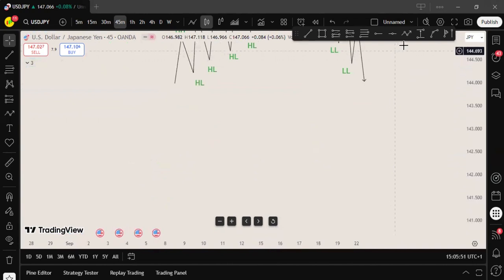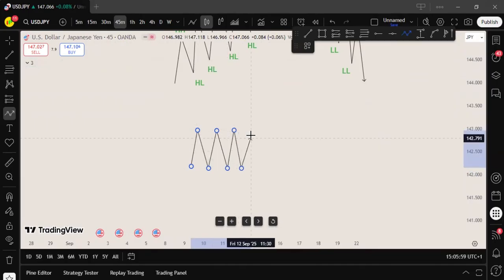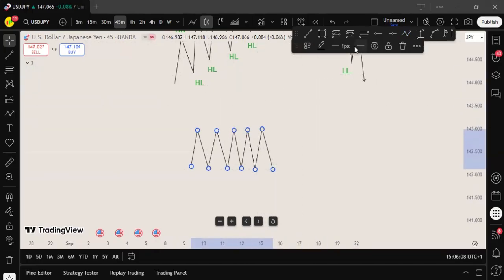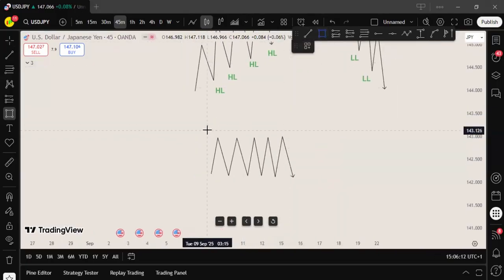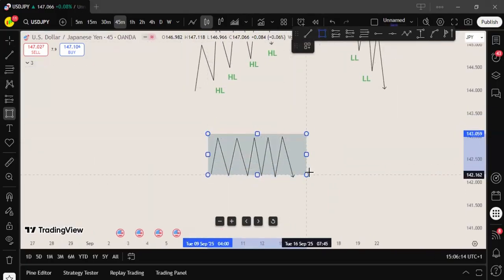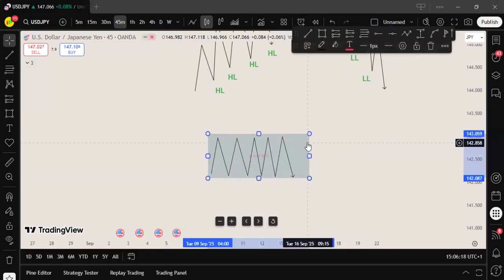And we also have consolidating markets, whereby the market is not moving, it is just consolidating. The market is not creating a series of lower highs or lower lows. It's just there. We call this a consolidating market. The market is not moving at all, either in a bullish trend or in a bearish trend.